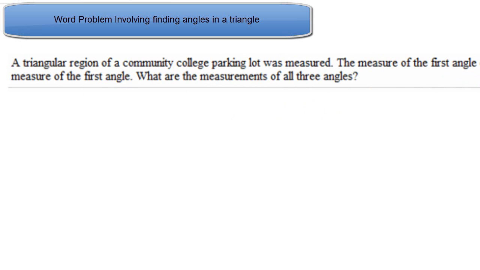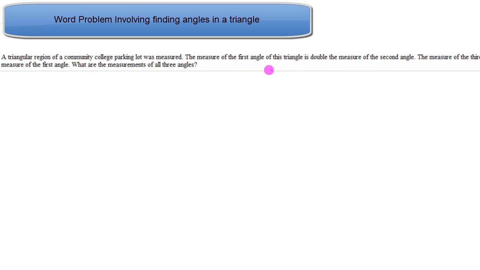So the only angle that you don't know anything about is the second angle, because the first angle is related to the second and the third angle is related to the first. So that's what you're going to let x represent, the quantity you know nothing about. So you write a statement that says, let x equal the measure of the second angle.